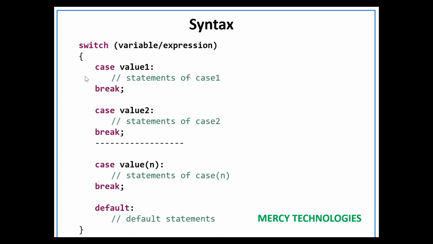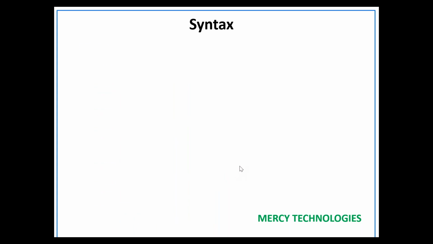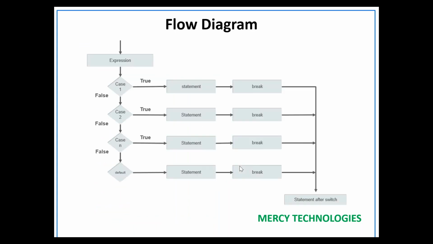If the second case is false, go to the third case. If all the cases are failing, then finally execute default. I trust you guys understood, right? So let's go and experiment with programs.